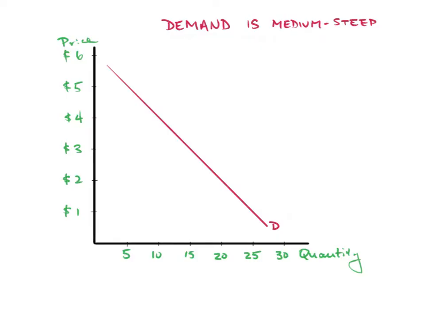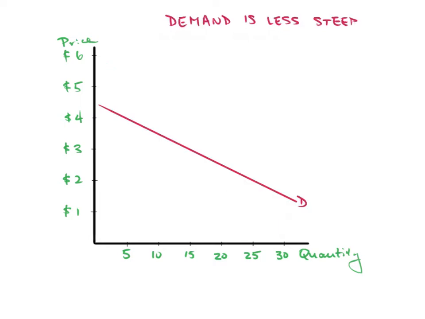Here I'm going to draw a hypothetical market for something. I'm going to start out with the demand curve. Nice, simple. I'll say it's medium steep, not too steep, not too shallow. Before I do that, I'm going to talk through a couple other demand curves.